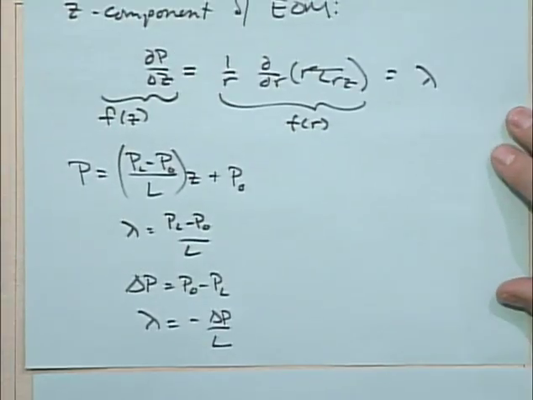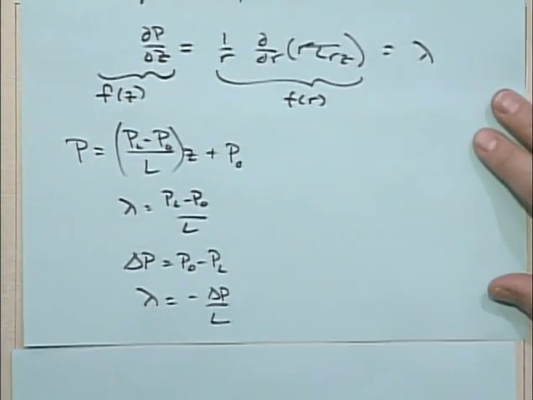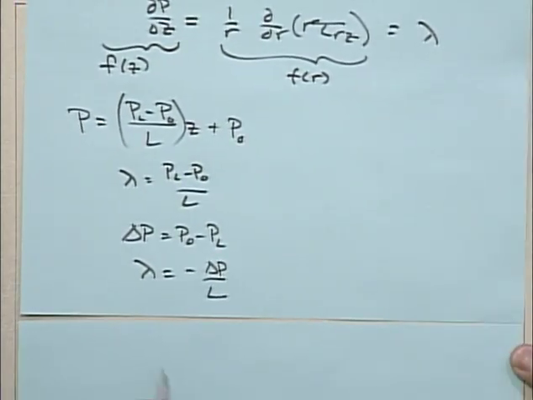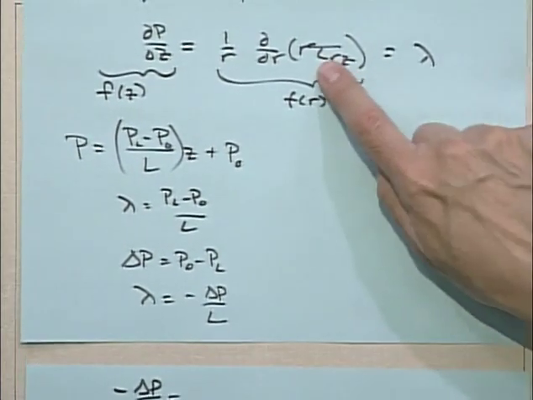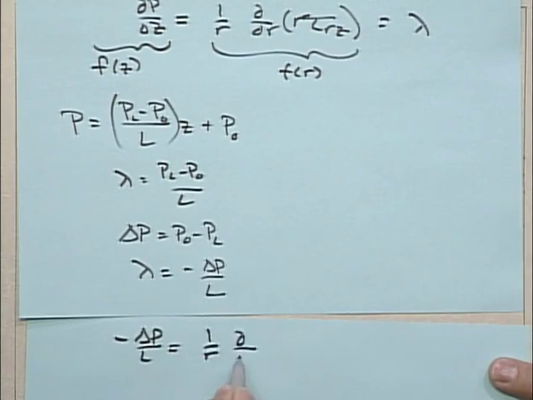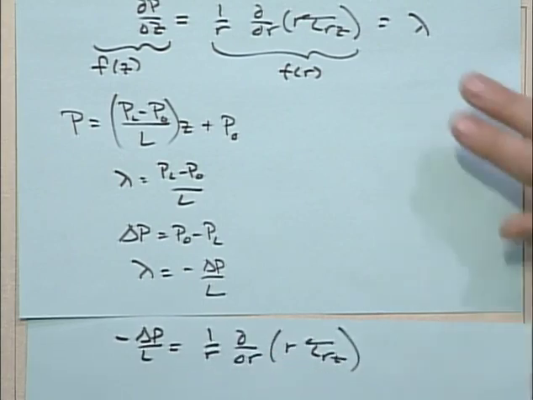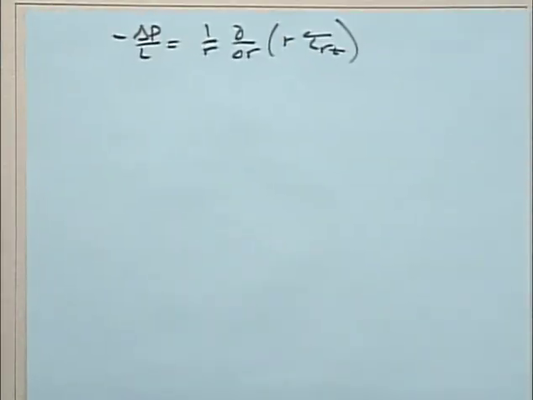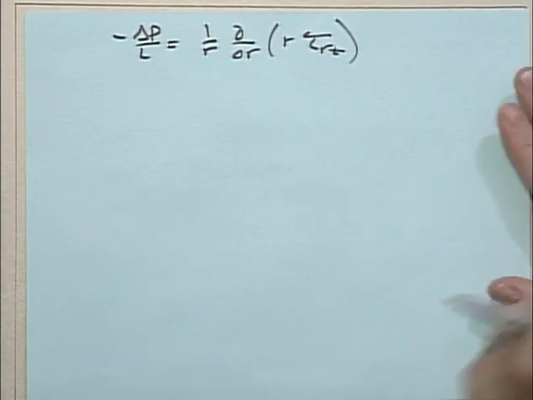Okay, now we plug that back in up here. Minus delta P over L equals, I'm pulling this equation down, 1 over r d/dr of r tau rz. We're looking for the shear stress at the wall, and this is an equation we can solve. This is the easiest calculation we're going to do here.